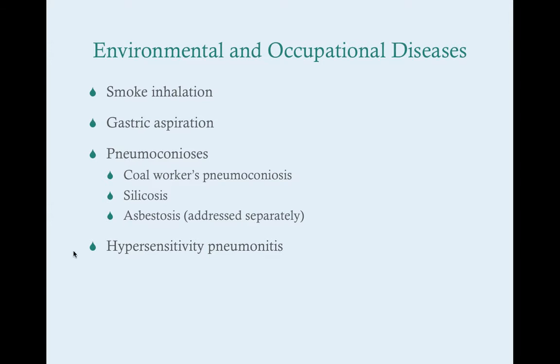Now, what's the common thread behind this? It's the person's job. If a person works in a coal mine, then their history is conducive for coal workers' pneumoconiosis. If a person works around birds, then their history is conducive for bird fancier's disease, which is a hypersensitivity pneumonitis.